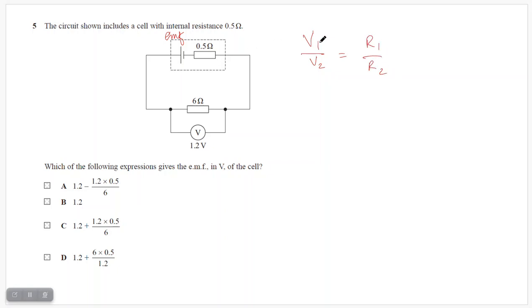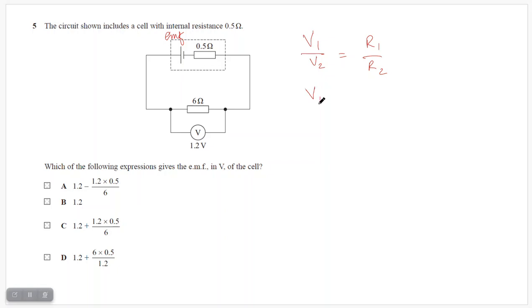So again, which one you consider V1, which one you consider V2 is arbitrary. So for this specific question, let's consider the potential difference across the 0.5 ohm resistor to be V1.